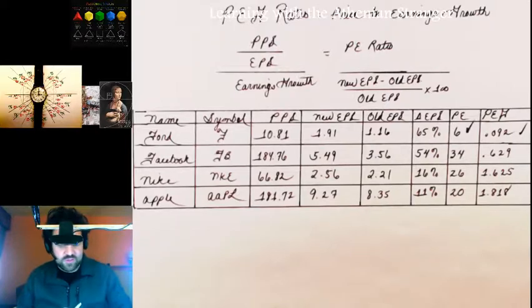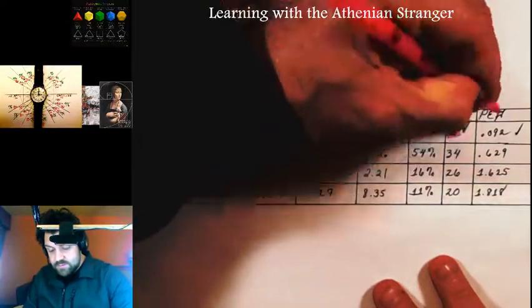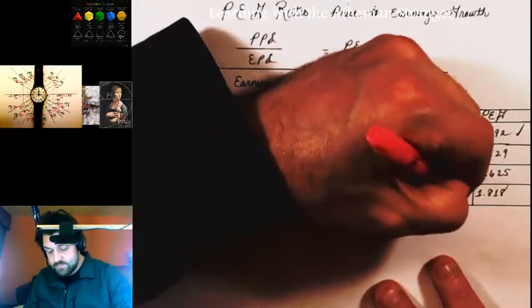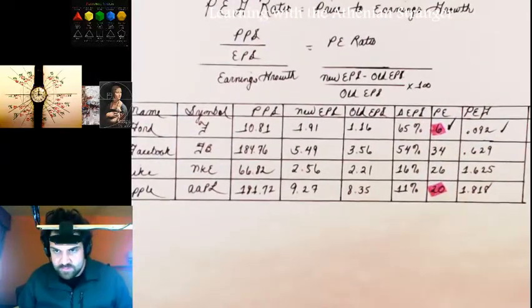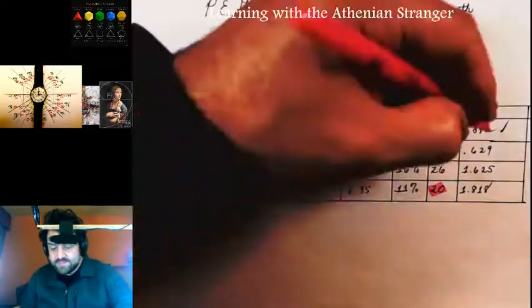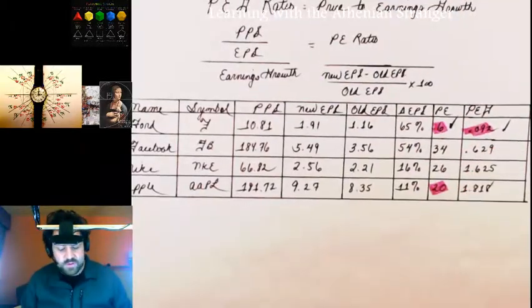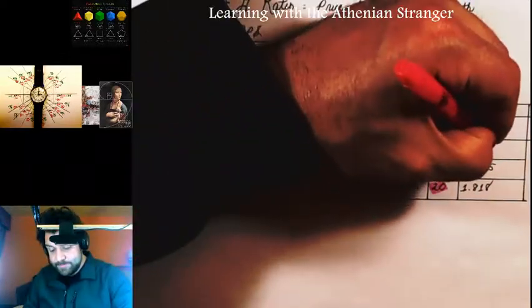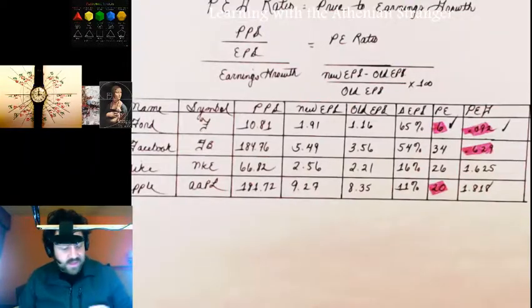But let's see if there was any change. So the lowest couple of companies in the PE ratio were Ford and then Apple. And on the PEG ratio, we see that it changed, didn't it? So Ford still got the lowest PEG ratio, but the next lowest PEG ratio went to Facebook. And Apple was actually the highest.